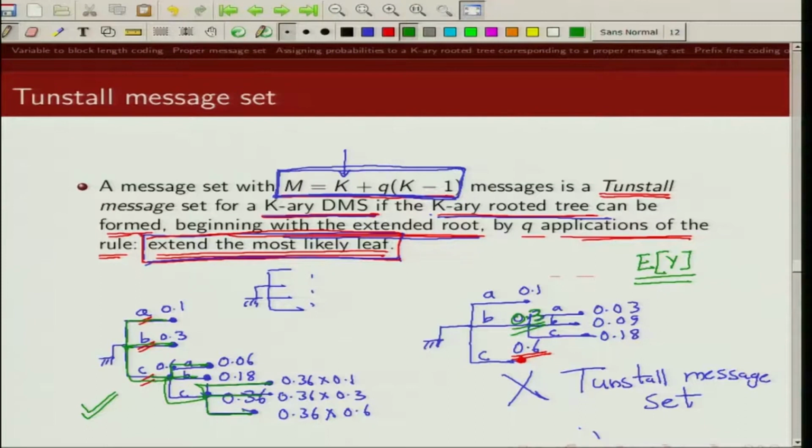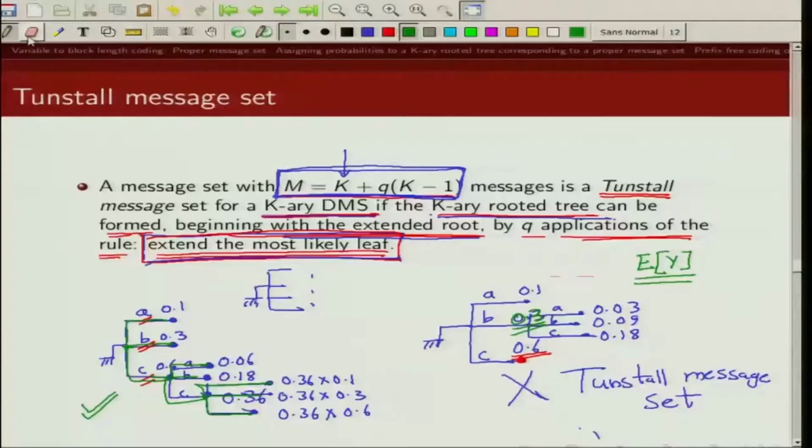The expected value of Y, according to the path length lemma, is nothing but the sum of probabilities of all nodes including the root node.